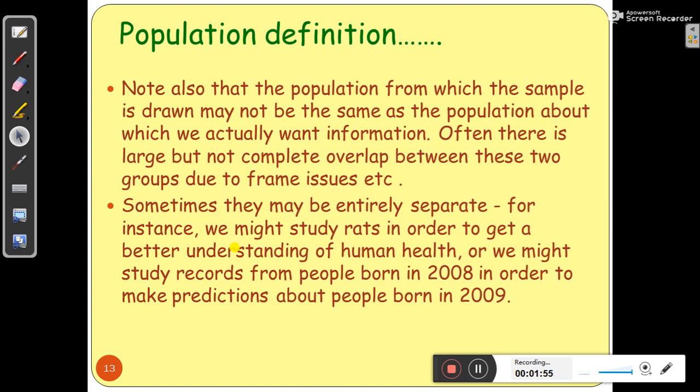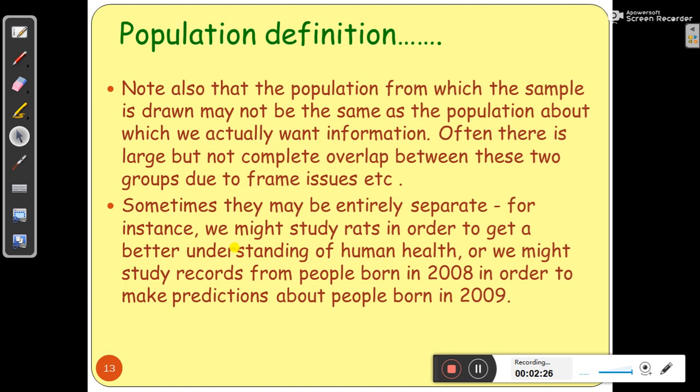And sometimes your whole population might be very small. In that case you need to take the whole population as a sample. Or your sample might be of one thing but your study might be on something different, so studying the sample might give some understanding of a different population.